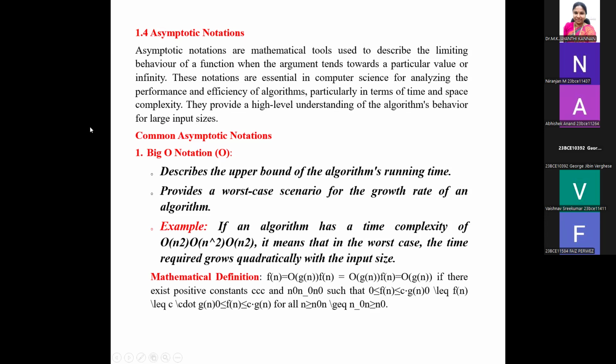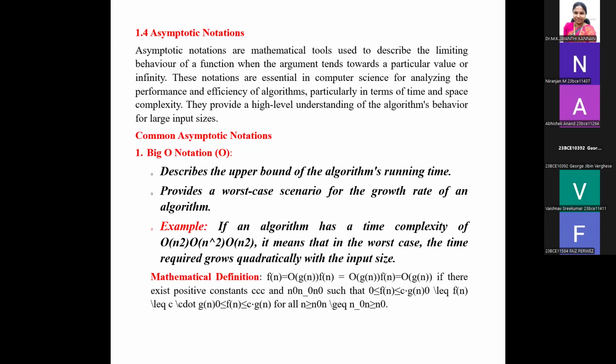So if the input given to the algorithm is exceeding the limit, or for large data sets or maximum inputs to the program, the asymptotic notations are used to find out how much time as well as how much space the algorithm needs with the minimum value, maximum value, as well as the average value.